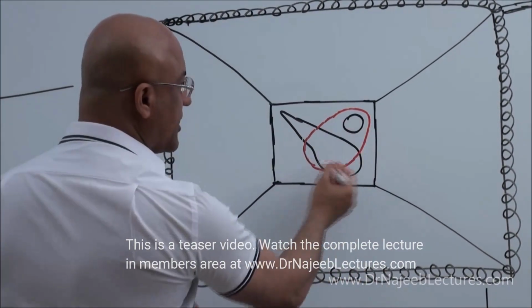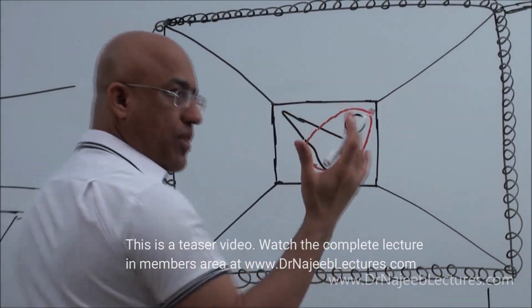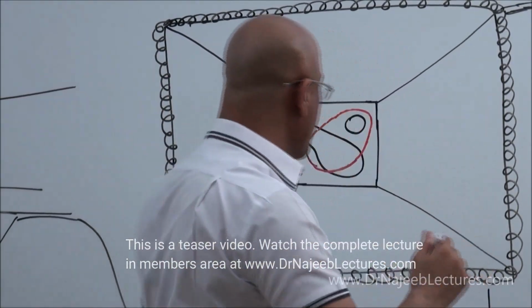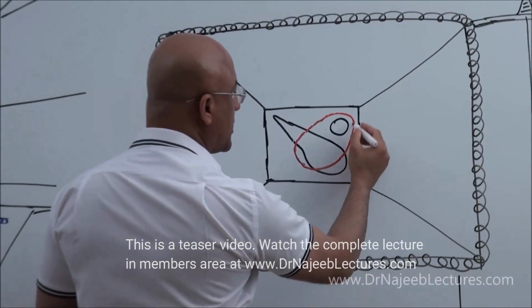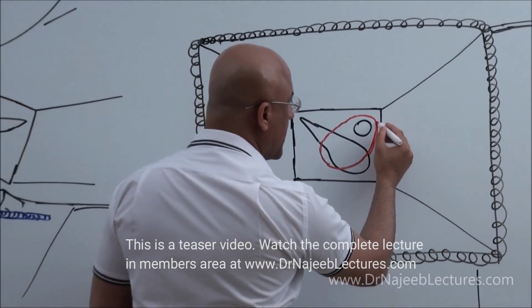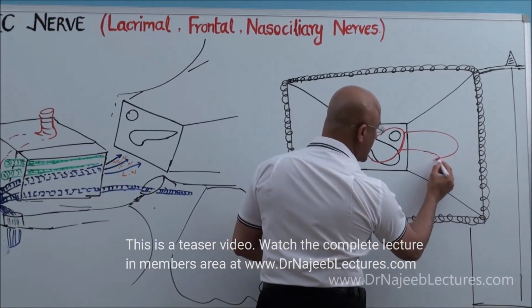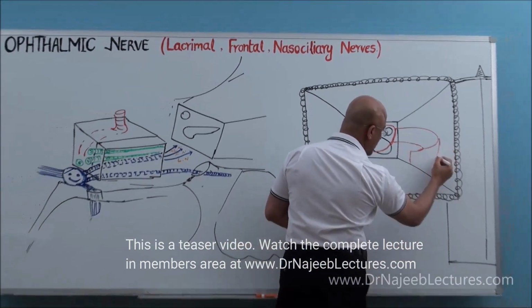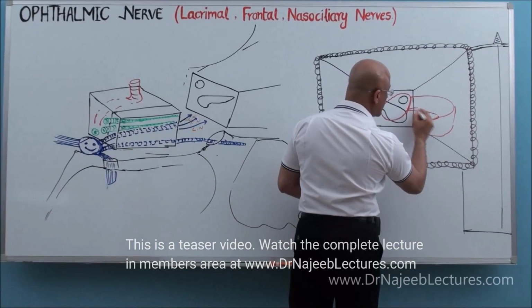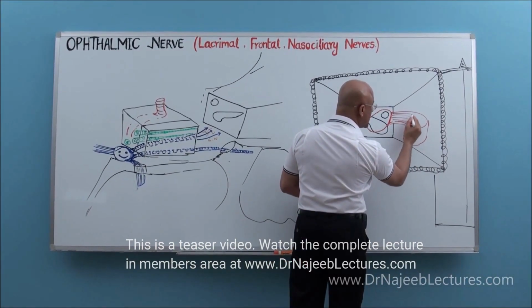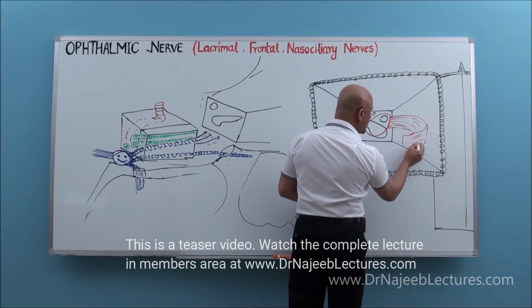This is the common tendinous ring, which can be seen from within the orbit on its posterior most part. And from here, the muscles are taking origin. Especially, I will show here a muscle which is taking origin. And yes, what is this muscle? Which rectus is this? Yes, it is medial rectus.